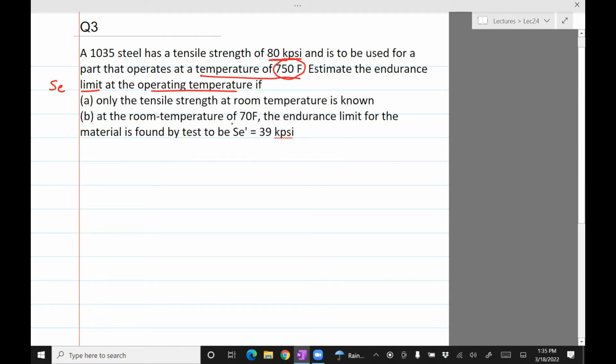At the room temperature of 70 F, the endurance limit for the material is found by test to be SE equals 39 kpsi. By the way, something is clear here: the room temperature RT is 70 F. The operating temperature is 750 F.